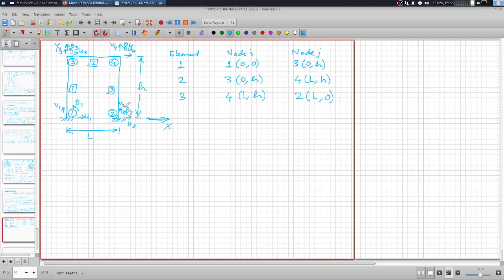Right? So the boundary conditions that are defined for this problem are that these 3 degrees of freedom are restrained at node 1, and these 3 degrees of freedom are restrained at node 2. So there are a total of 6 degrees of freedom that are left in this structure.